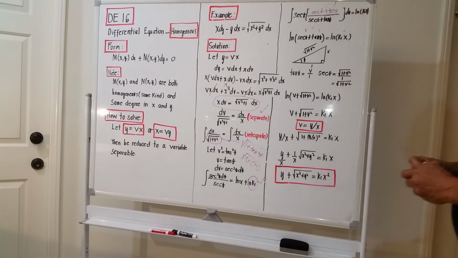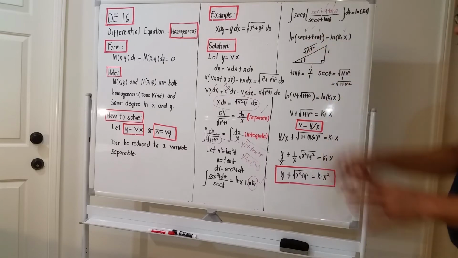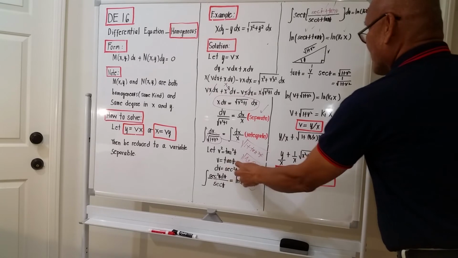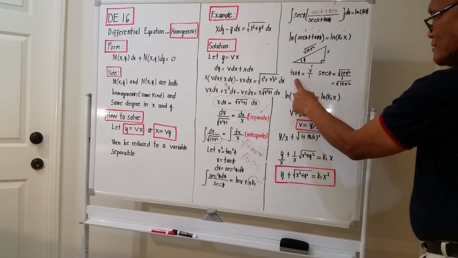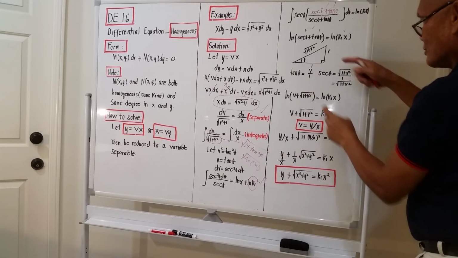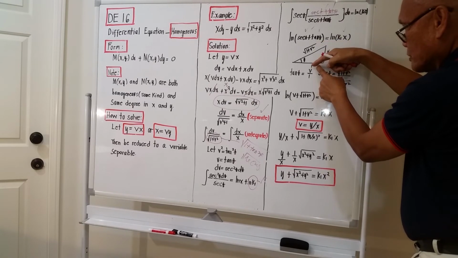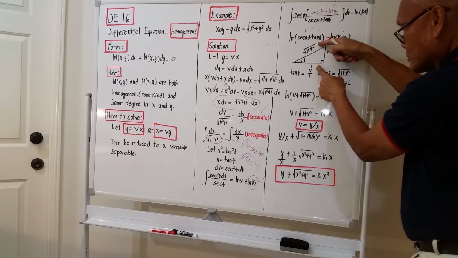Okay, let's bring out the resulting equation as a function of x. From the equation v is equal to tangent of theta, tangent of theta is actually v over 1. So this should be v, this is 1. The hypotenuse will be the square root of what? The square of this plus the square of this, then take the square root.